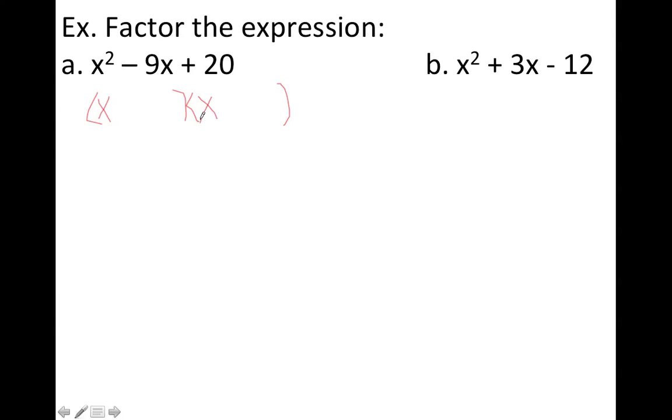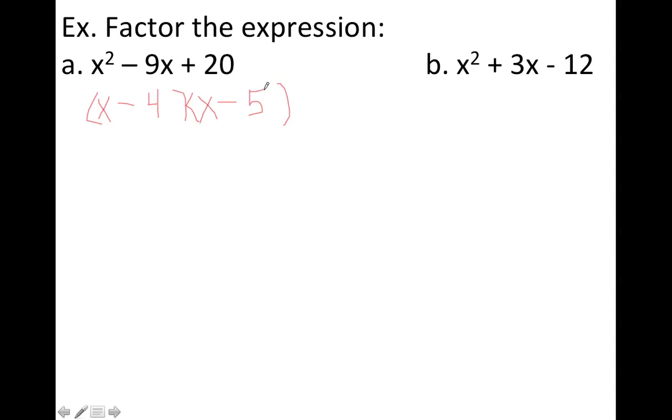And then we need to determine two numbers that multiply to be 20, but add to be negative 9. So since our last number is positive and our middle number is negative, that means both of our numbers must be negative. And two numbers that multiply to be 20 but add to be 9 are 4 and 5. And that is how you factor this expression.